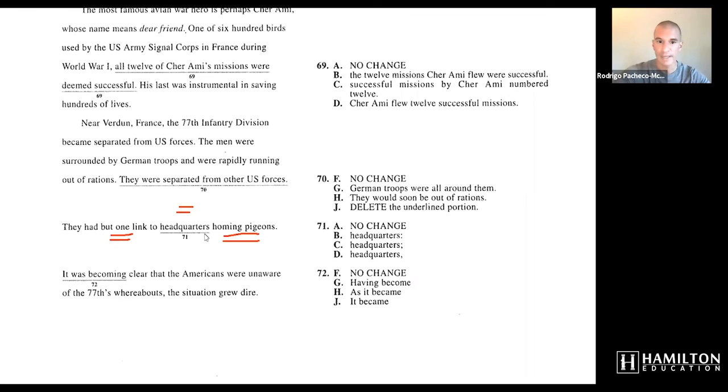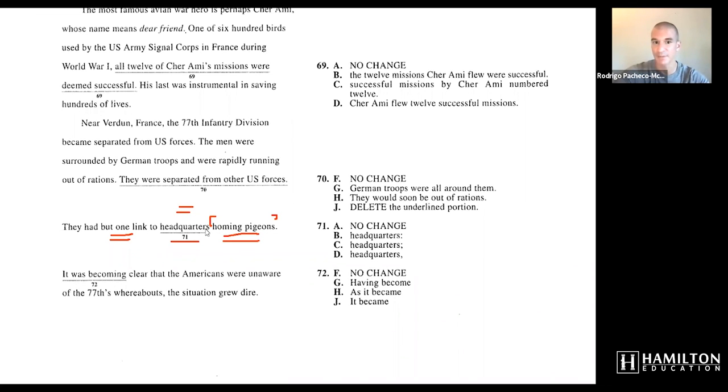So looking at A, no change, we don't see any punctuation here. And that's a problem because we have one noun, and we can think of this as a compound noun. Perhaps homing pigeon is a thing, although technically homing would be a modifier for pigeons.